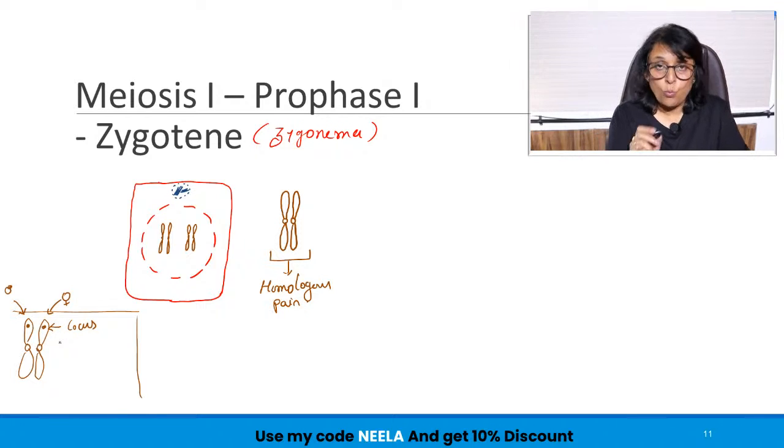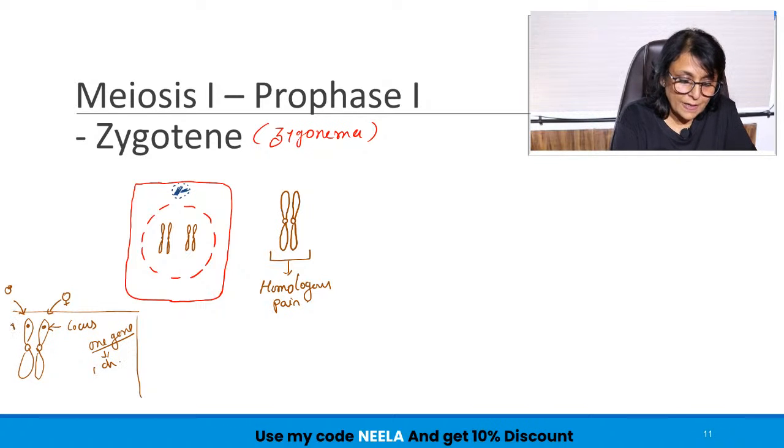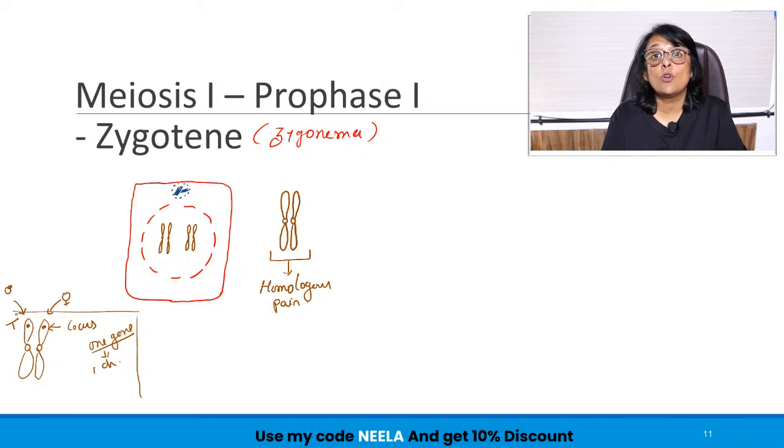and now one gene for one character can have two forms which are known as the alleles. The alleles can be dominant or recessive. So suppose here we write that it has dominant allele, and at the same locus of the other chromosome it is a recessive allele.